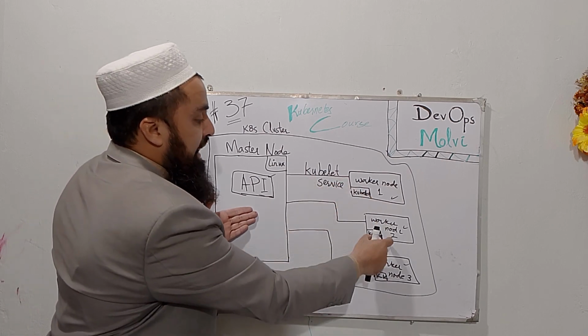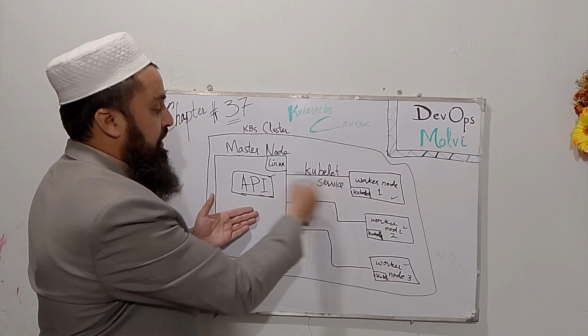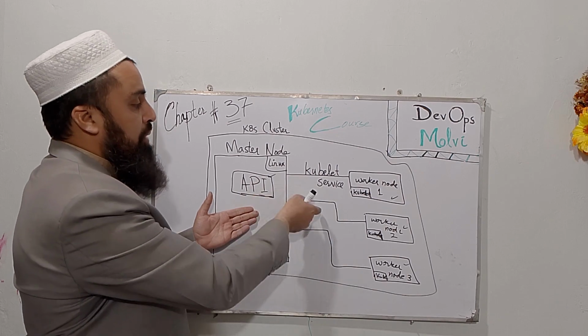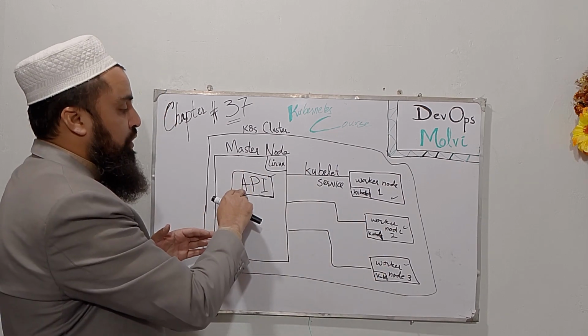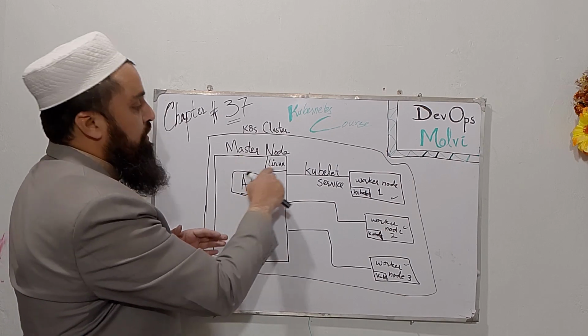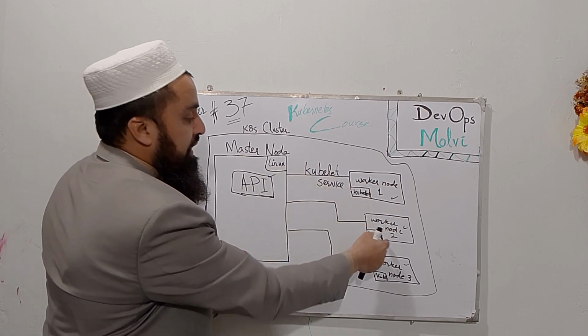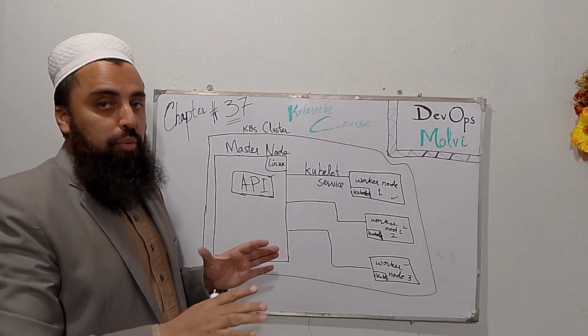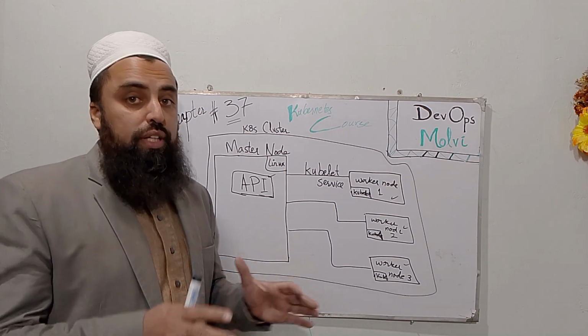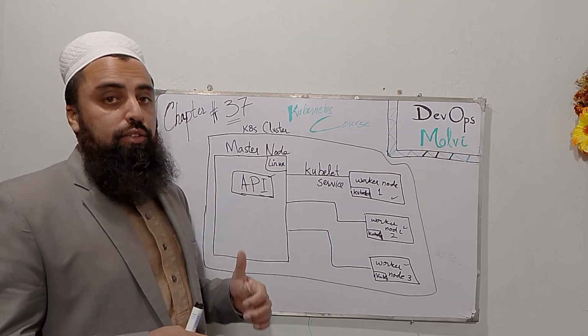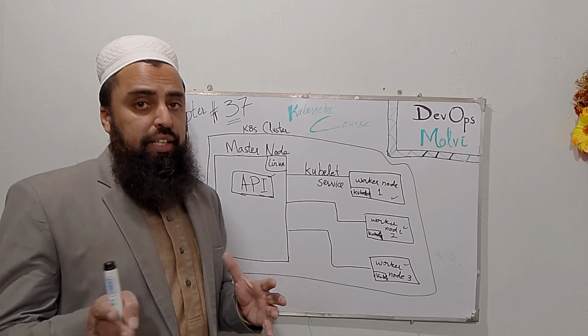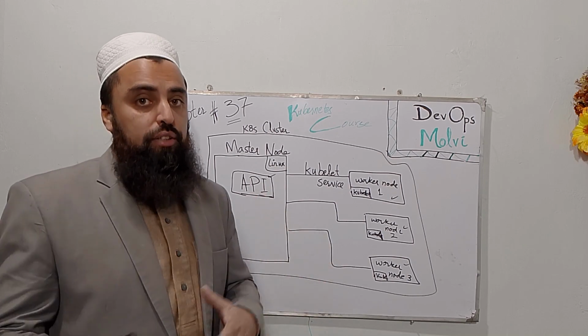The Kubelet agent uses this Kubelet service to communicate with the API. That's how worker nodes communicate with the master node, and how the master node communicates with the worker nodes. I hope you now understand the concept. In short, without this API server on the master node, there would be no communication between the master and the worker nodes.